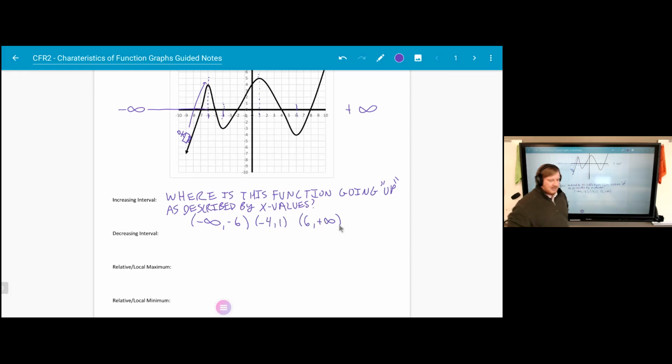Now you'll notice something about this. These are not coordinate points. These are pieces of the domain.